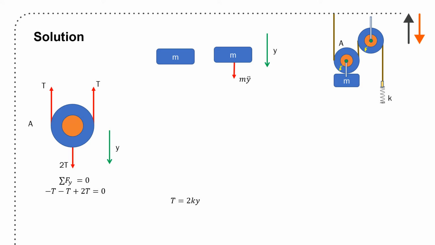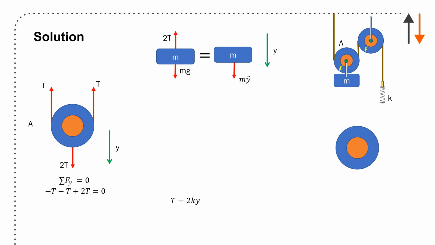If I look at the mass, I have the weight acting downwards, and because the mass is not massless, it's going to have an acceleration. That's going to be my double dot. I have 2t, which is acting upwards from the two wraparound lengths of the pulley, and I have the weight acting downward.